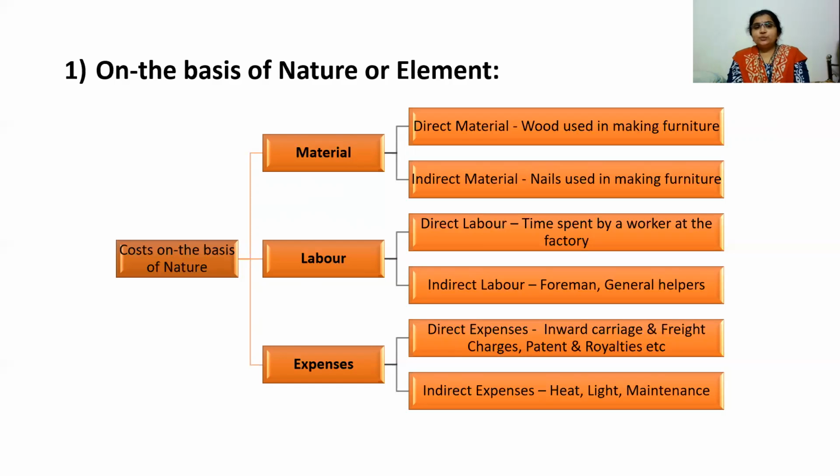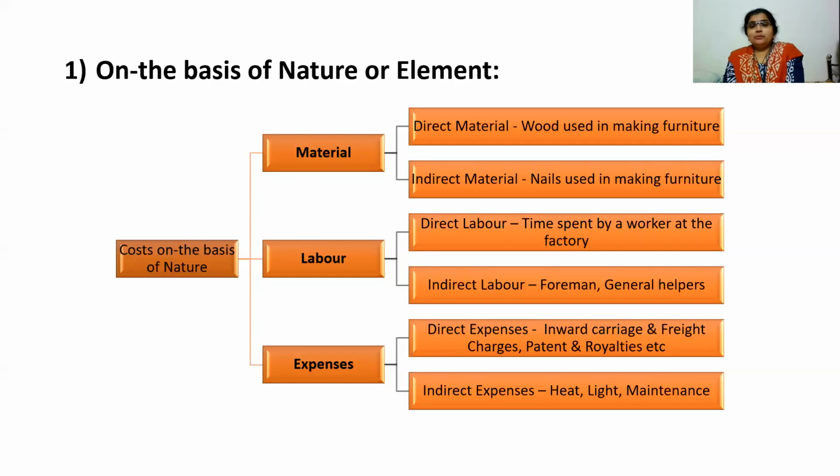Again, on the basis of nature, we have another classification, labor. Labor is a force or work which we need. Without the labor, we can't complete the work. In that, we have direct labor and indirect labor.